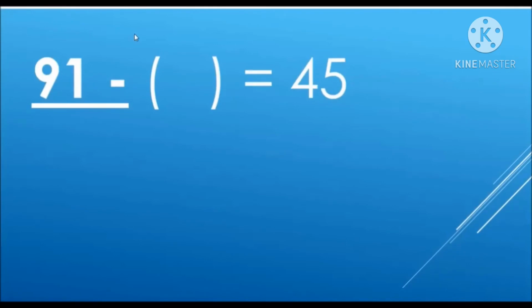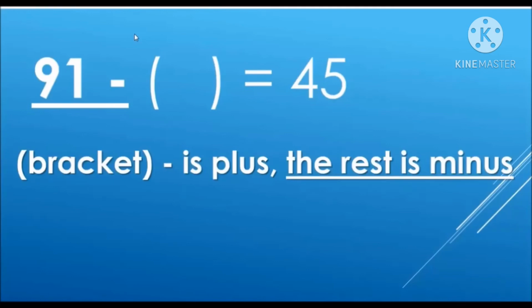Do we need to plus or minus? We need to minus because the rest is minus. So 91 minus 45 is equal to 46. So the missing number for this equation is 46.